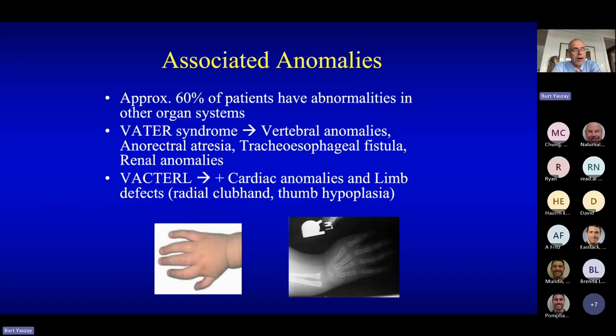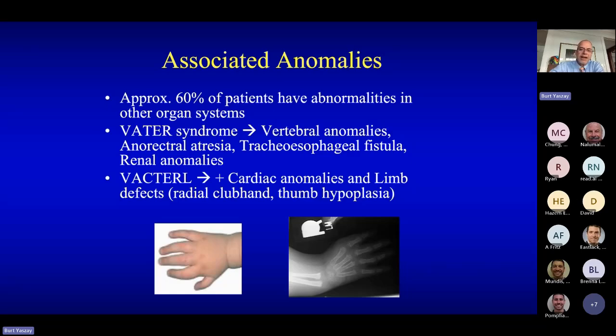I mentioned before, in terms of understanding embryology, various different things can go awry. The timing of that pathology development can be associated with other organ systems. Depending on the complexity of the congenital scoliosis, this number is a little bit high, but up to 60% of patients can have abnormalities in other systems.